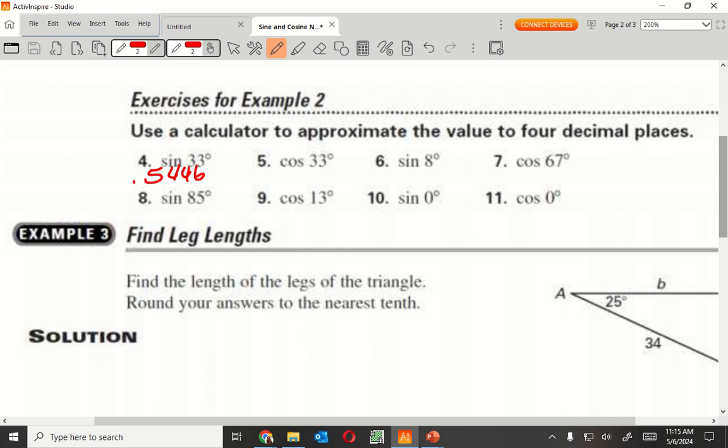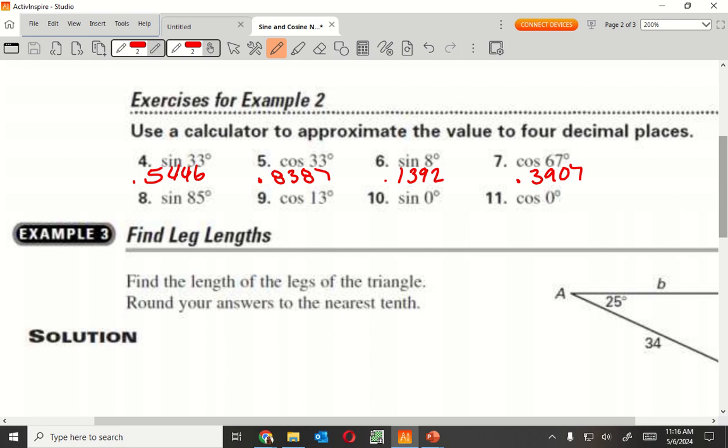Number 5. 0.8387. Yeah. Okay. Next one. What is it? You guys agree? Okay. Cosine 67. 0.3907. Everyone agree? Good.